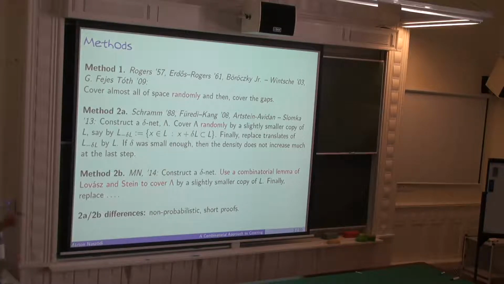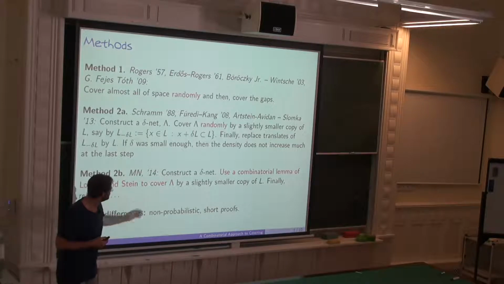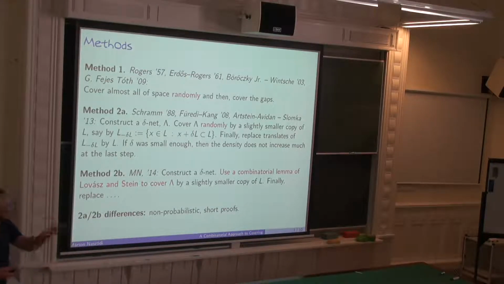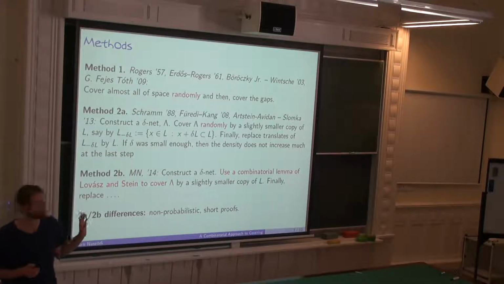The difference between these two methods is that this lemma of Lovász and Stein is non-probabilistic. You have a finite set and you want to cover it economically, then you can do it in an algorithmic way. Also, using this approach, you get really short, really simple proofs.